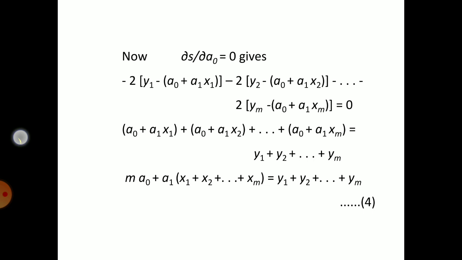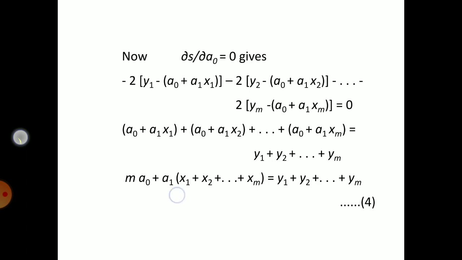Then next we have a0 plus a0, m times. Sum of a0 m times, that means a0 plus a0 m times, can be written as m a0. Then plus a1 x1 plus a1 x2 plus on a1 xm. Now every term has a1 as coefficient.